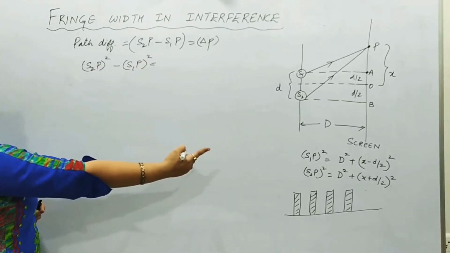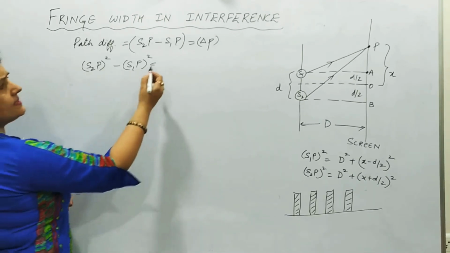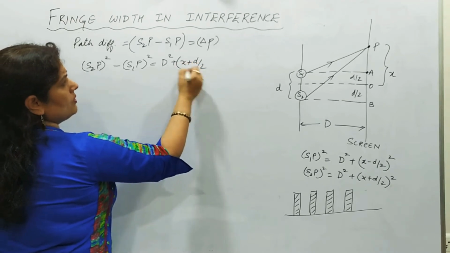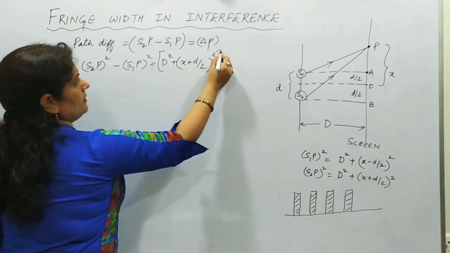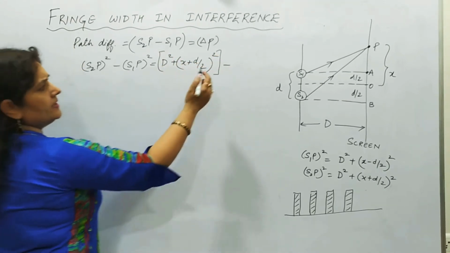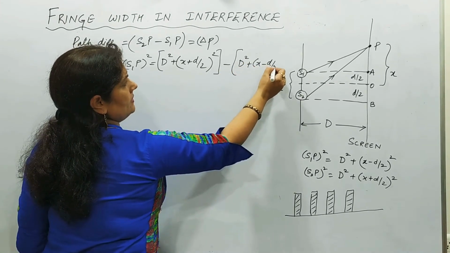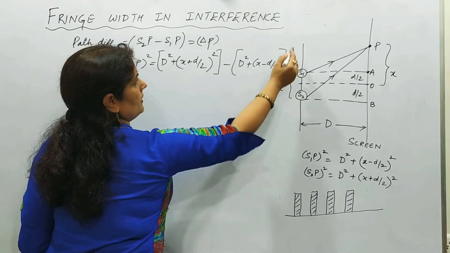We know the value of S2P and S1P, so we may write this as D square plus x plus d by 2 whole square, minus S1P, which is D square plus x minus d by 2 whole square.